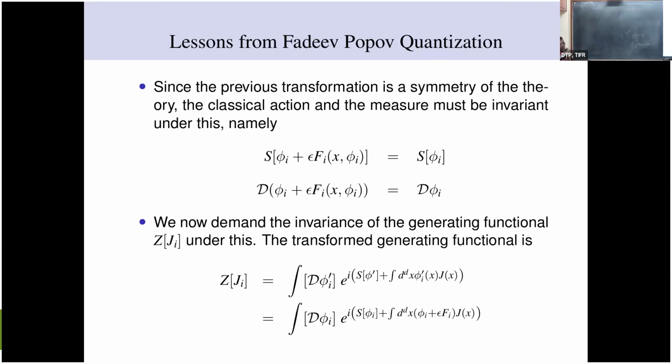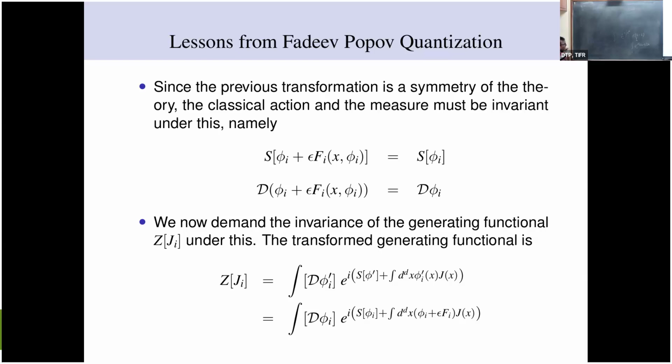Since this is a symmetry of the theory, the classical action and the measure must be invariant. So S of phi I plus epsilon f I should be equal to S of phi I, and if there is no anomaly, then the measure should be invariant. Now we demand that the generating functional Z of J I should also remain invariant under this symmetry.